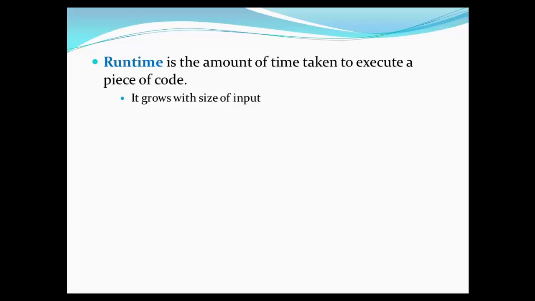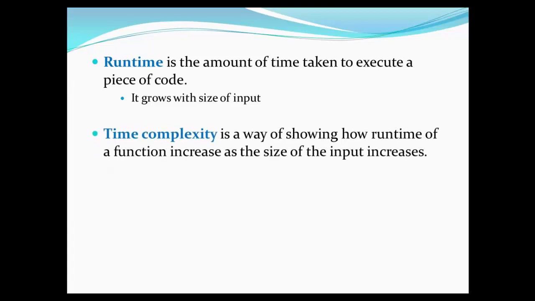For explaining this, time complexity and asymptotic notation will help. Here, time complexity is a way of showing how runtime of a function increases as the size of input increases. And for expressing time complexity in a mathematical way, big O notation is used. It is known as asymptotic notation.